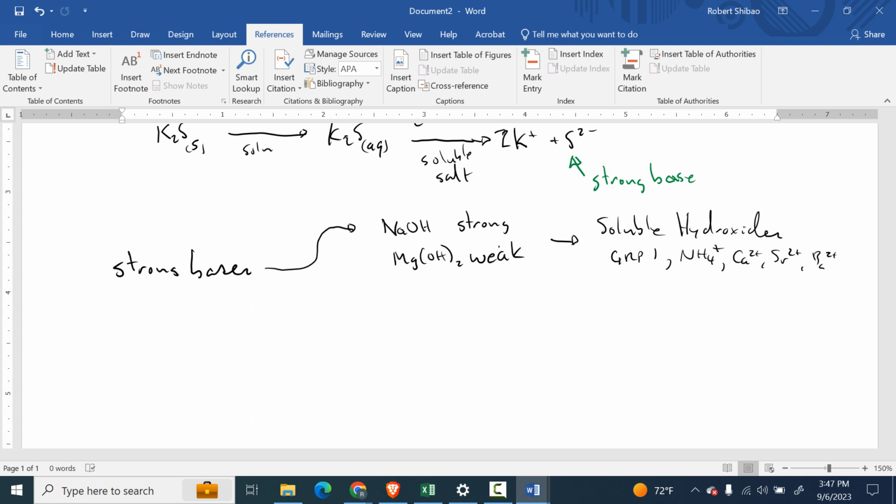So magnesium hydroxide is weak because it's insoluble. You don't get much hydroxide from this. It's an insoluble solid. A little bit will dissolve, but not like sodium hydroxide. Sodium hydroxide lots dissolves. And so the strong bases are soluble hydroxides. Number one.